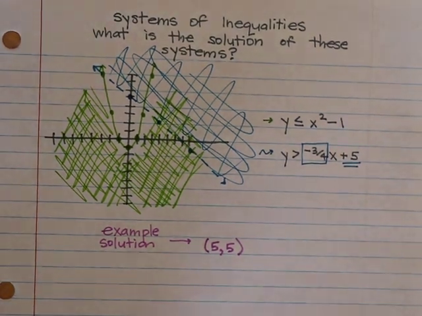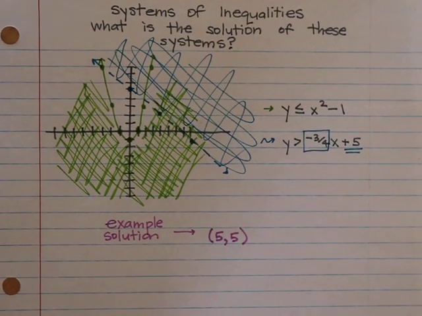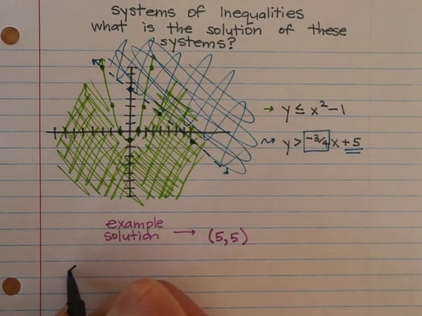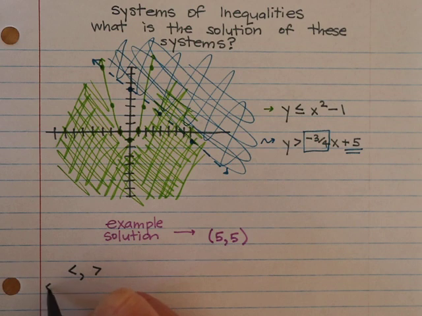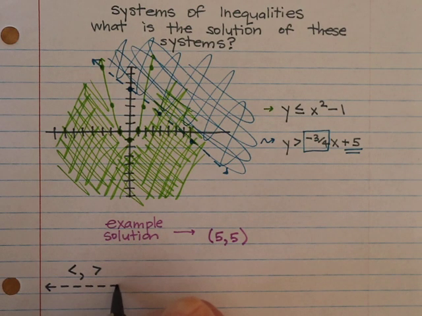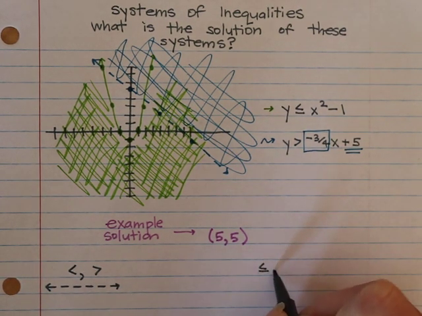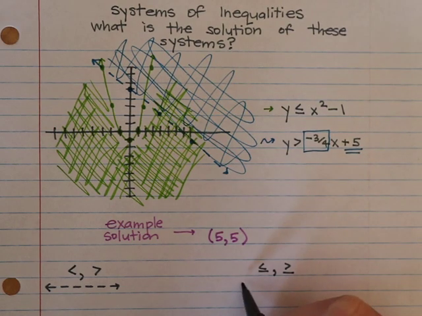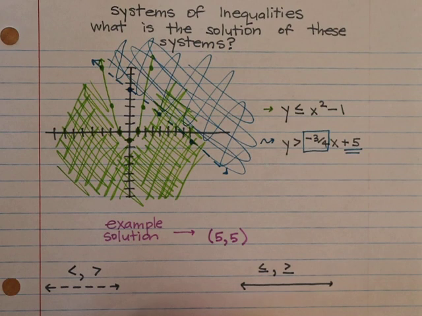As you're doing these questions, reminder: less than or greater than gets a dashed line. Less than or equal to, greater than or equal to gets a solid line. If you have an equation that looks like this, y equals a number and there's no x, that is a horizontal line.